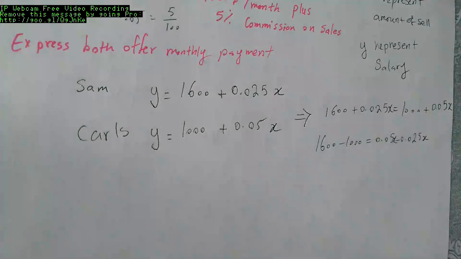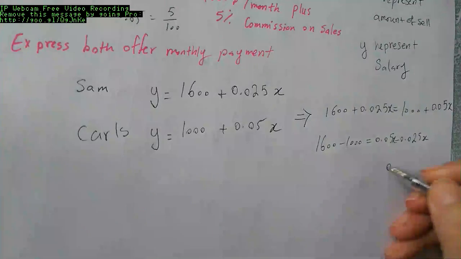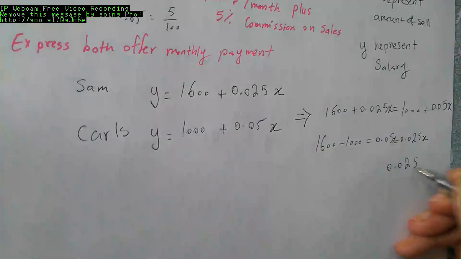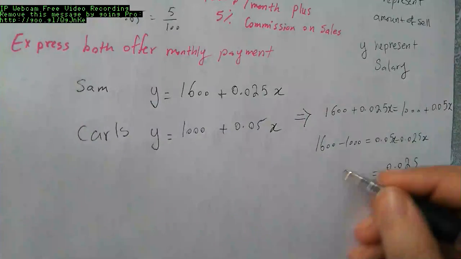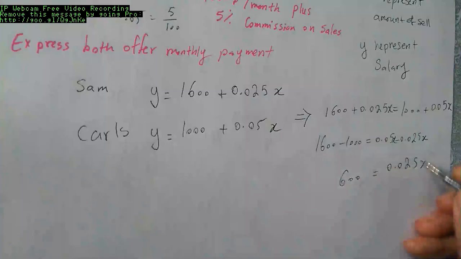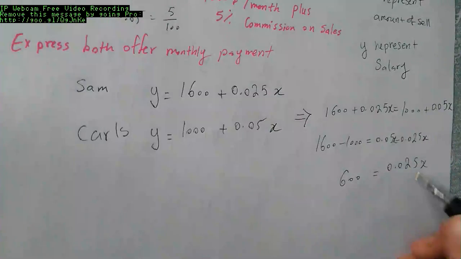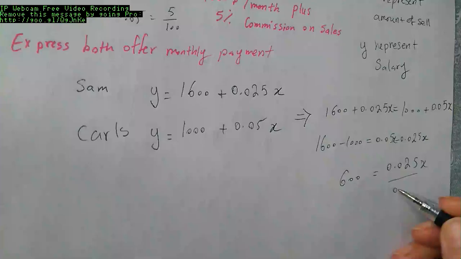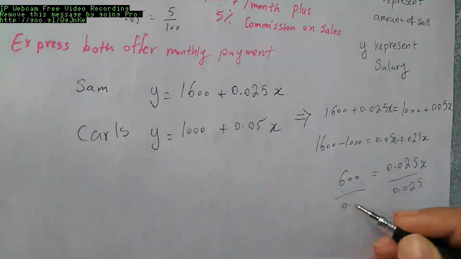So these are the like terms. If we do that, it's going to be 0.025x. And this is going to be 600. Now I want to solve for x. So divide both sides by 0.025.